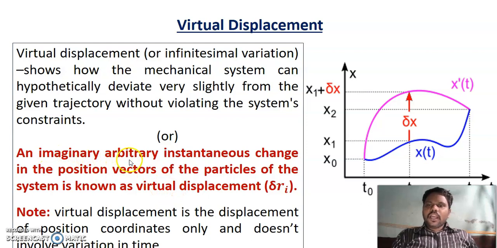An imaginary, arbitrary, instantaneous change in the position vectors of the particles of a system is known as virtual displacement. It is represented by delta Ri in case of translational motion and delta theta i in case of rotational motion.